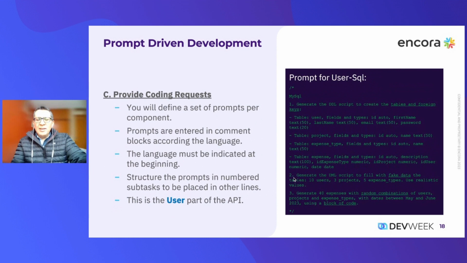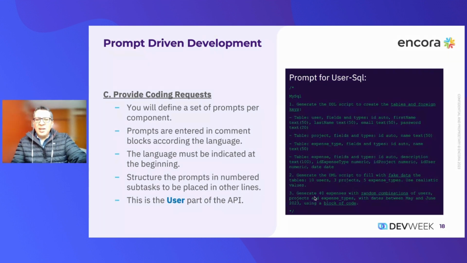The second subtask in this prompt is to generate the DML script to fill out with fake data. The model could understand that indication. Use realistic values.